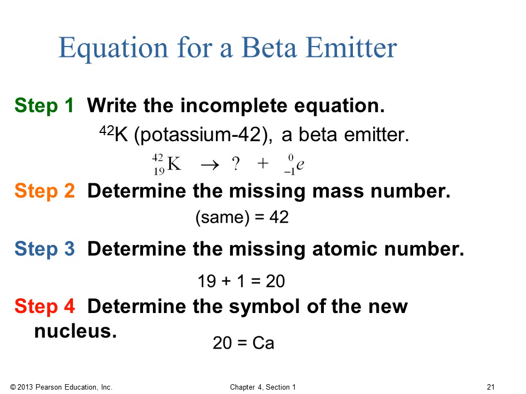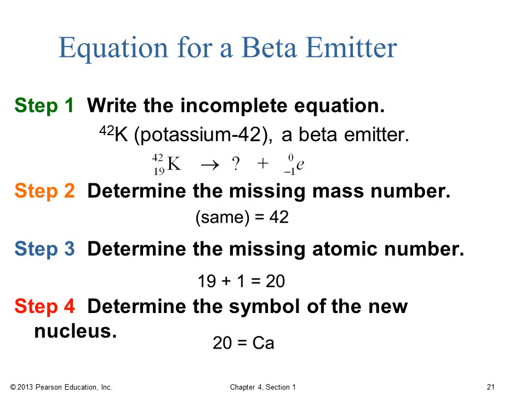And it's a beta decay, so beta decay is written with the e, with the 0 mass number on top and the -1 on the bottom.